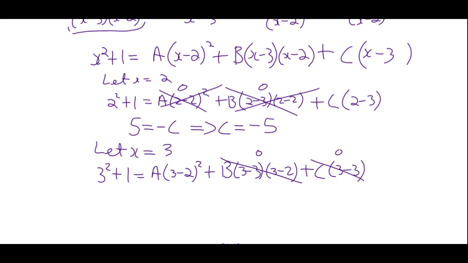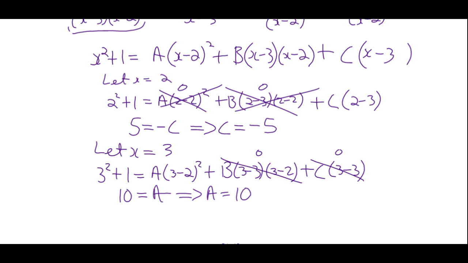So those two terms become 0. So what do we have? This is 10, and this is A. If 10 equals A, then A equals 10.